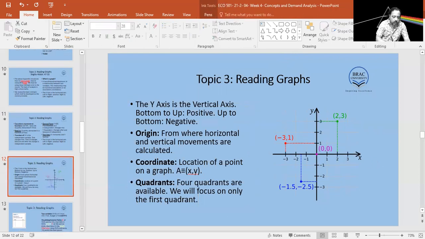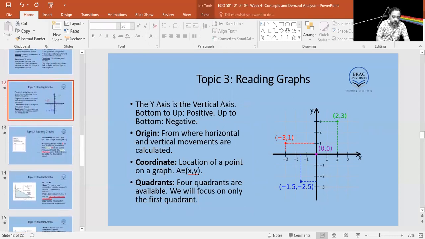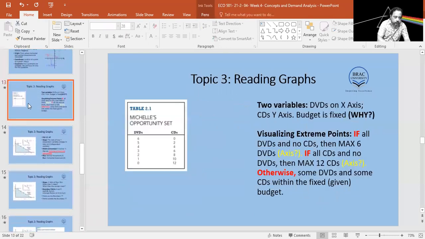Now, moving to an example in your book, this is table 2.1. We have 2 columns here. One is DVDs, one is CDs. If we want to visualize this, we are not introducing any price, just DVDs on one axis, CDs on another axis.